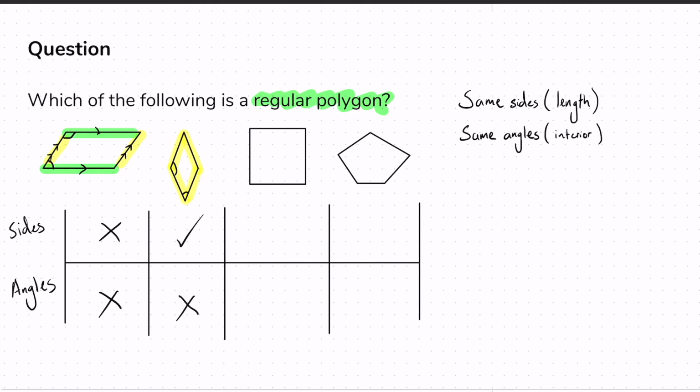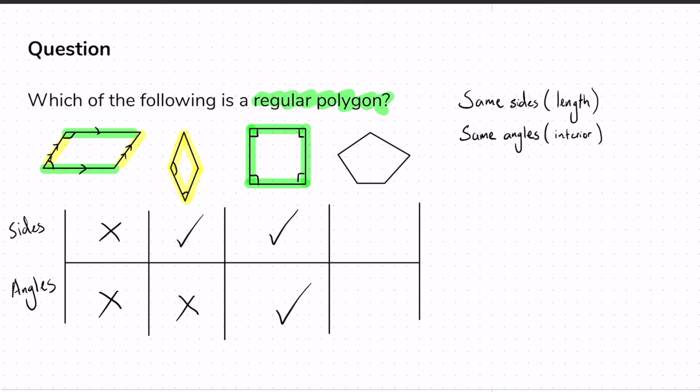Now this shape here, I'm sure you're all familiar, a square, has four sides that are the same, and each of the interior angles is 90 degrees. So the sides are the same, the angles are the same, so that is a regular polygon.